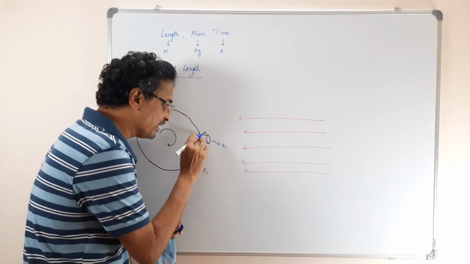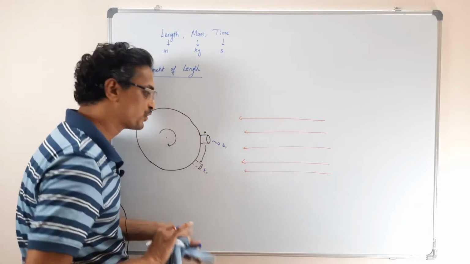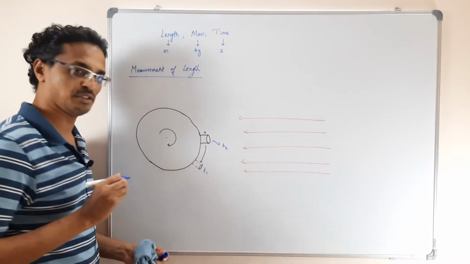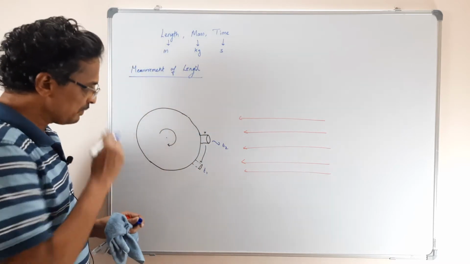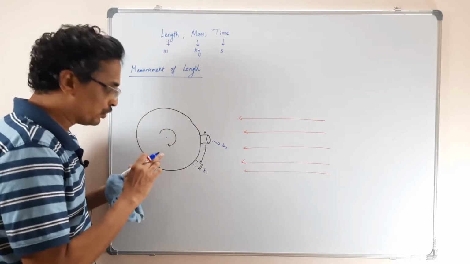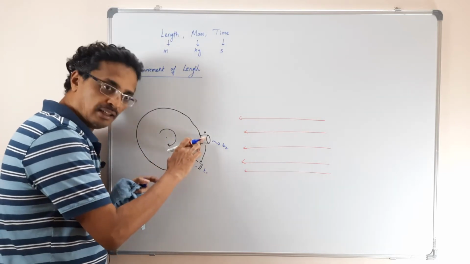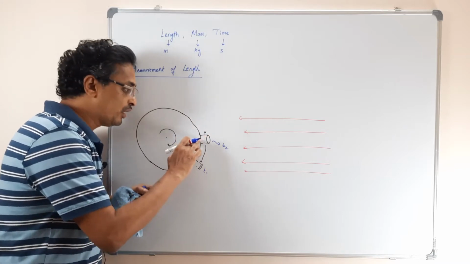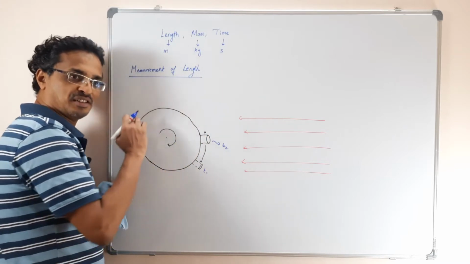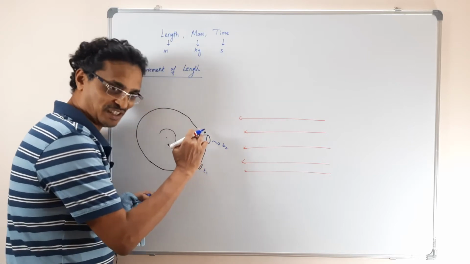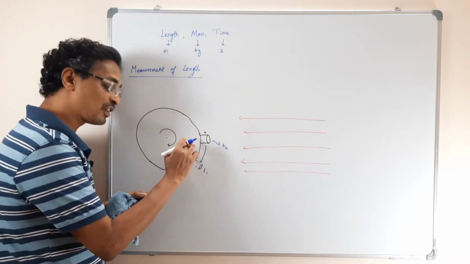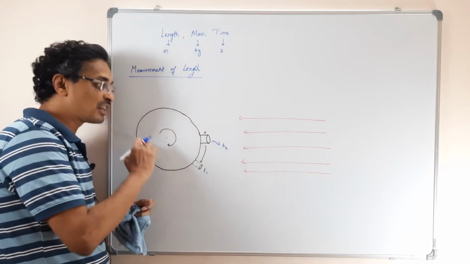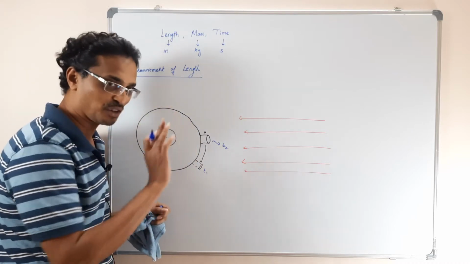Now, after some time, this well had no shadow, so he called this time T2. Then he also knows that for the same well, it took 24 hours to get back to the same no-shadow position. Got it? That means he understood the Earth takes 24 hours to make one complete rotation.